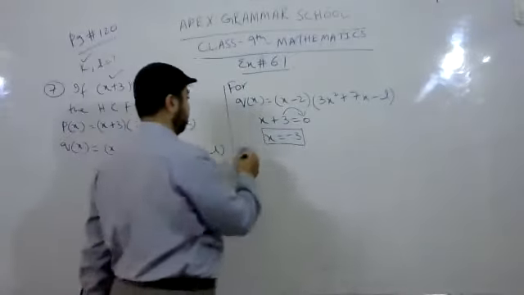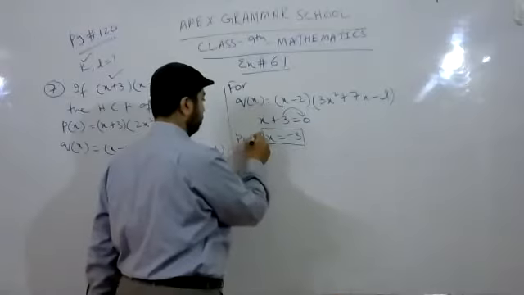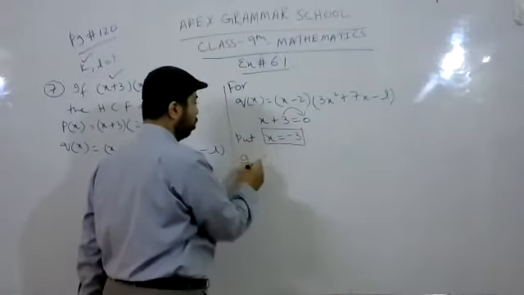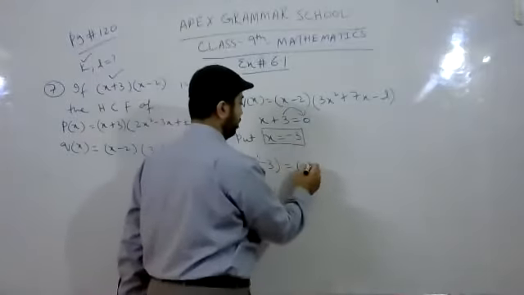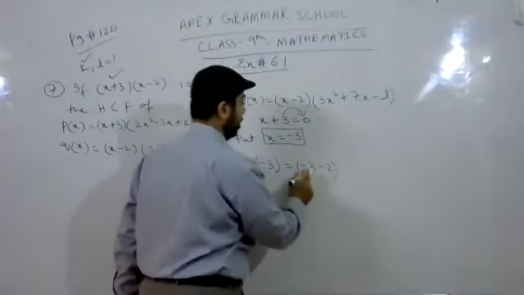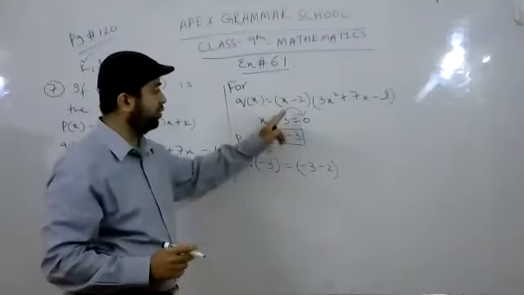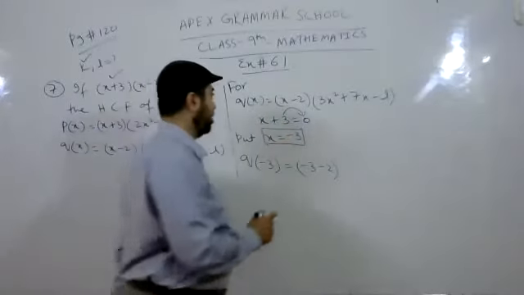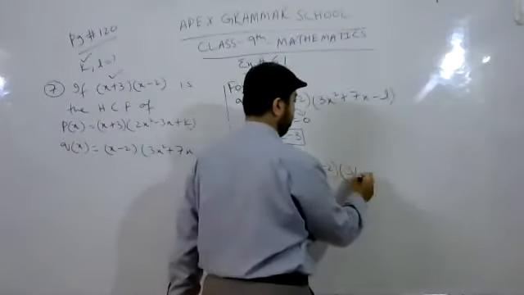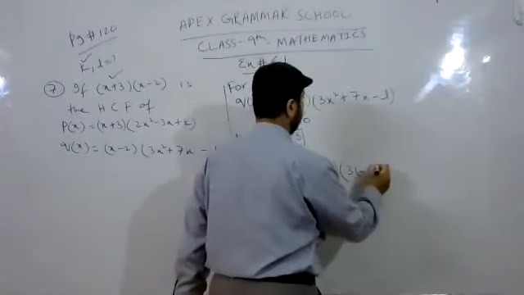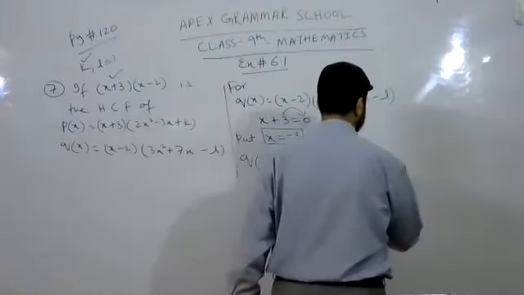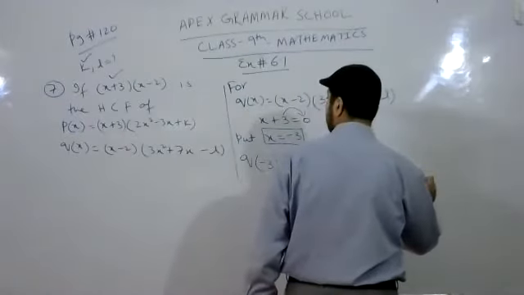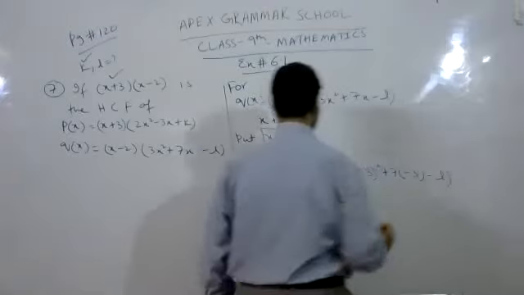So put this value: q of minus 3 is equal to, instead of writing x, we are going to write the value of x, that is minus 3, minus 2, and then 3 into minus 3 square. After that, plus 7 into minus 3, and then minus L.